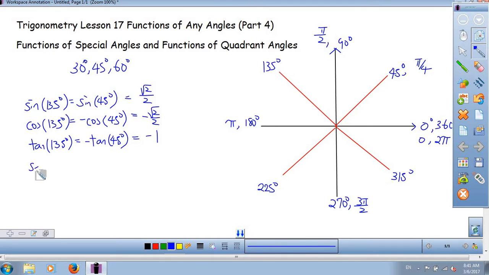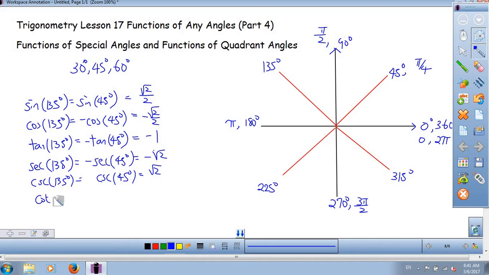Let's do secant. Secant of 135 degrees is also negative, so it's negative secant 45 degrees, and that will be equal to negative square root of 2. Cosecant of 135 degrees is equal to cosecant of 45, since cosecant is positive in the second quadrant, so it would be positive square root 2.